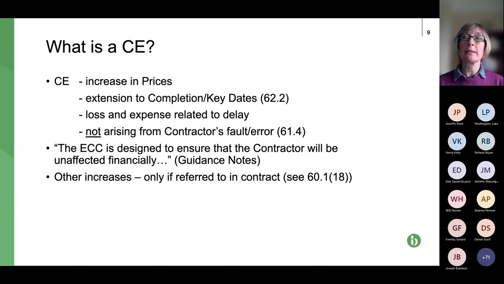So critically, it's basically saying that the contractor, or subcontractors, shouldn't be worse off for having had to carry out compensation event work. So if we can move on to the next slide, please, Jen.